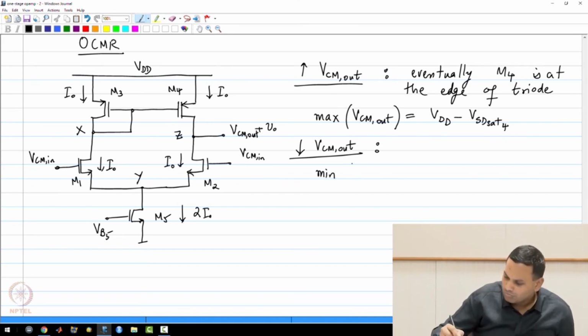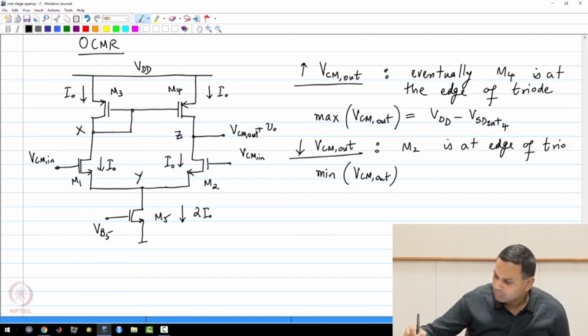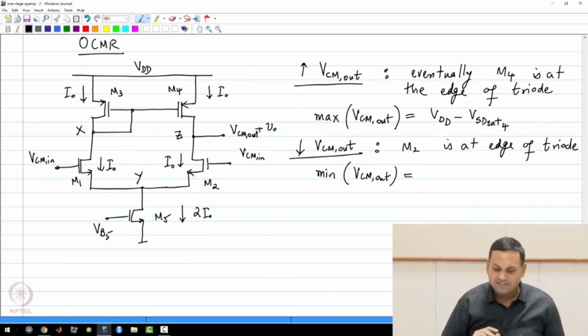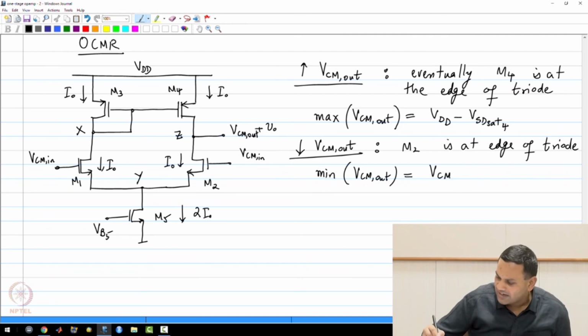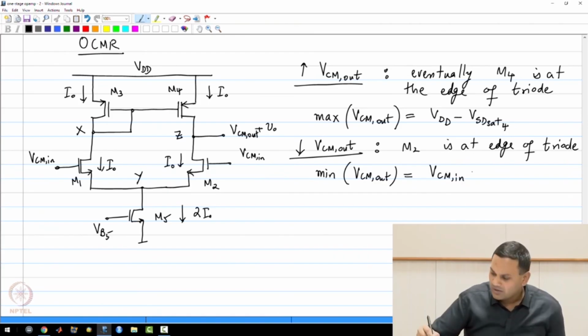So the minimum value of VCM out will be achieved when M2 is at the edge of triode, and this will happen at a voltage when the drain of M2 goes one threshold voltage below the gate, and the gate of course is at VCM in. Remember that the op-amp will have a particular common mode anywhere in the input common mode range, and once you have chosen the input common mode range, the output can go only one threshold voltage below the input common mode value.